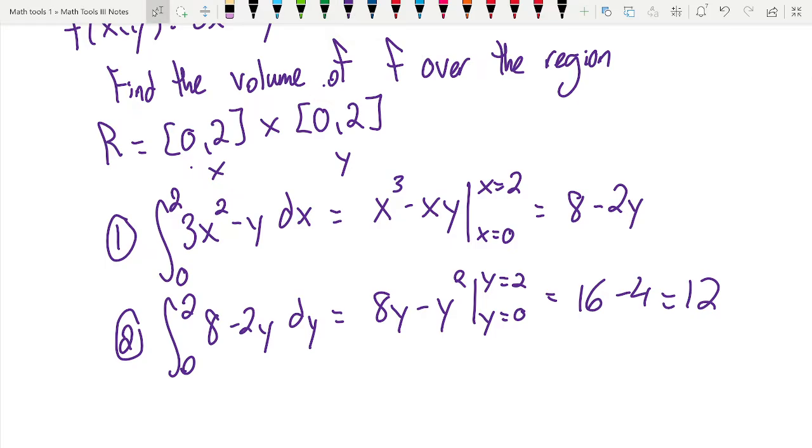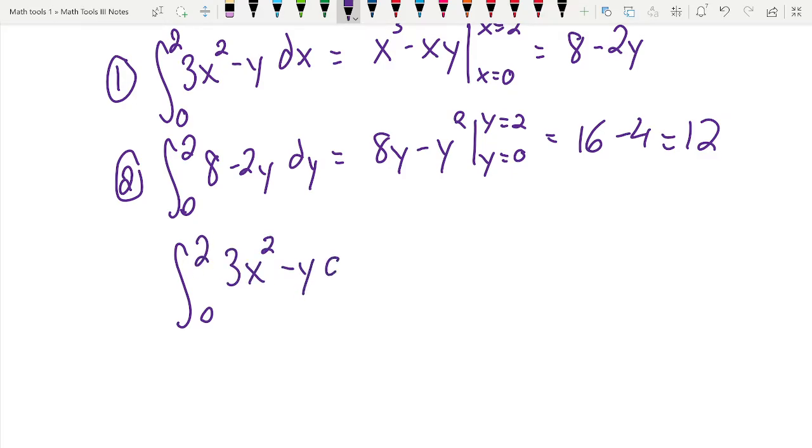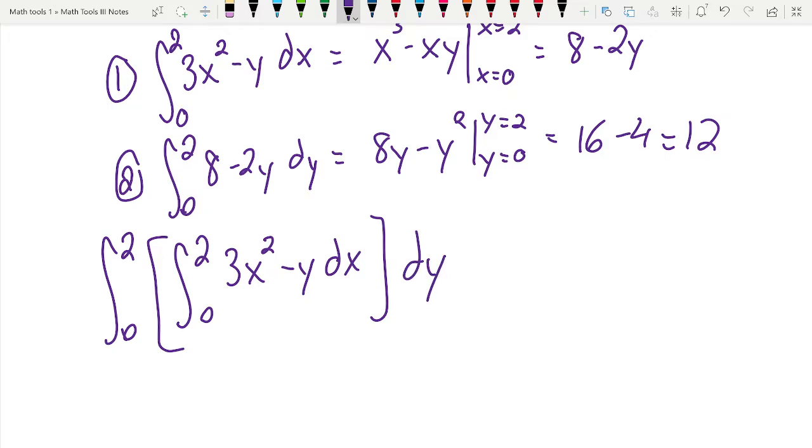So if we write this all out in one line, what we did here was first we integrated this 3x squared minus y dx. And then we took that and we integrated that over y. So this is called an iterated integral. And the way we would typically write this is just the same exact way, except without the brackets here.